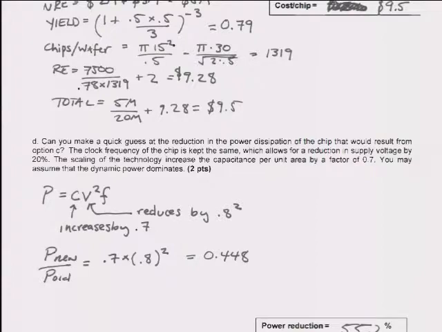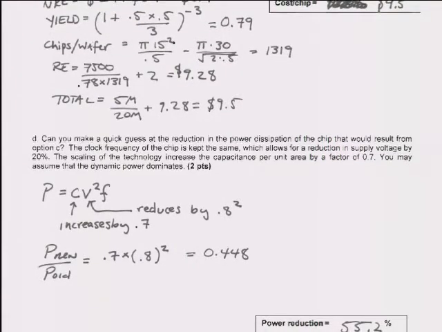So what happened with capacitance scaling? And that's where most of you made an error. If you look at capacitance scaling, the capacitance per unit area increases by a factor of 1 over 0.7, which is again typical. If I scale down my transistors, my oxide is going to scale like the other dimensions. So everything scales by 0.7. My oxide thickness goes down with 0.7, which means that the capacitance per unit area goes up with a factor of 1 over 0.7.